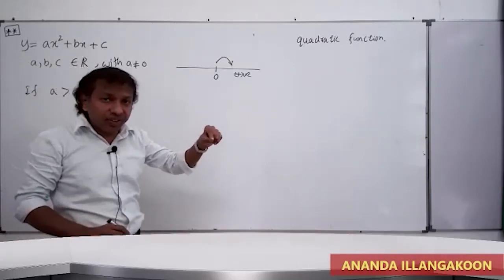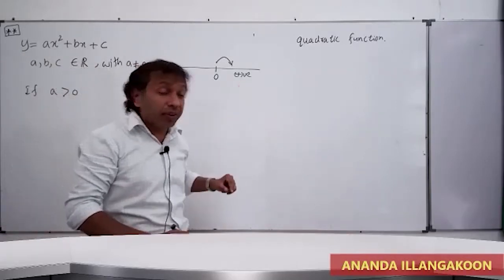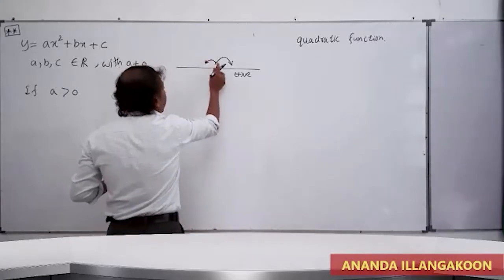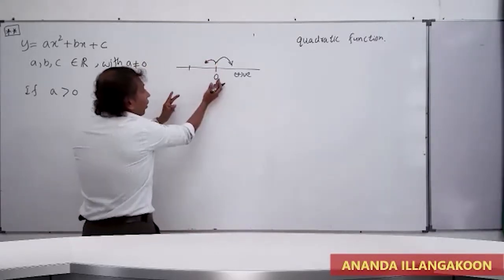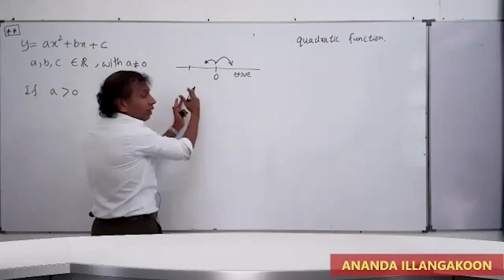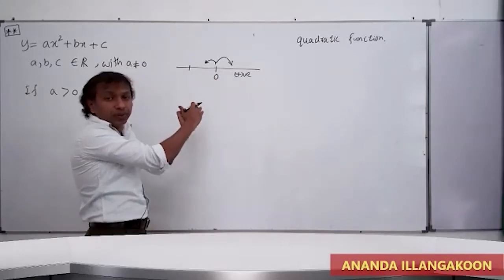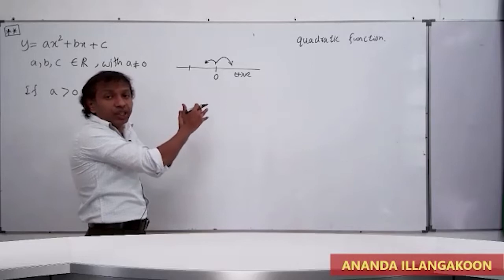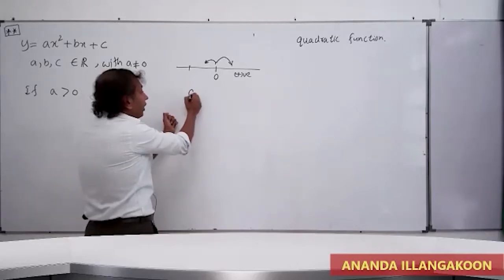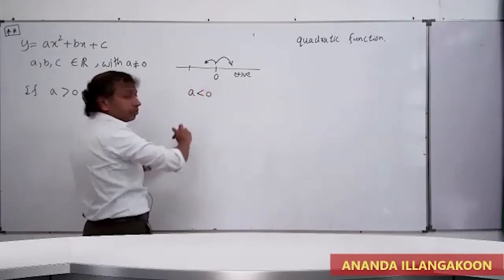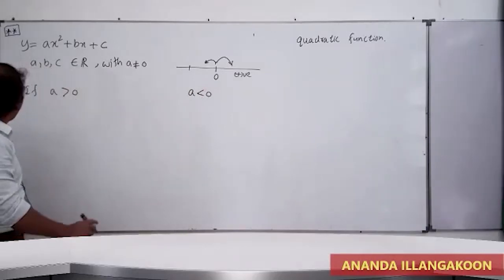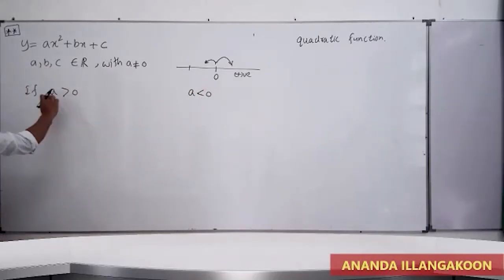And if the x squared coefficient is negative, how to write that a is negative, people? Negative values are available on the left of 0, no? Any number on the left of 0 is negative. So if we need to say that a is negative, how to write that? a less than 0, this way. Then we'll write like this.